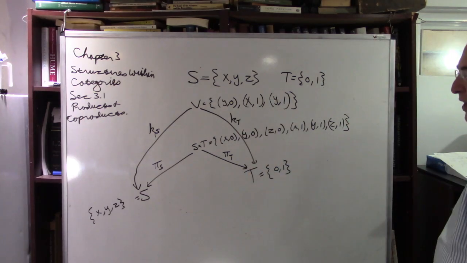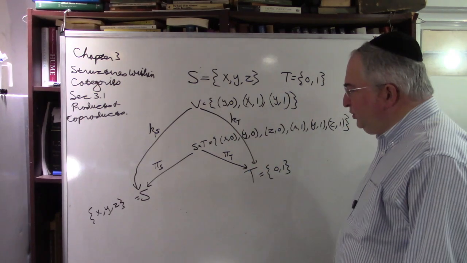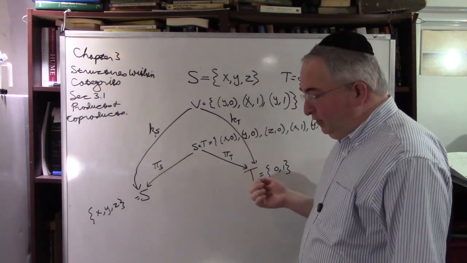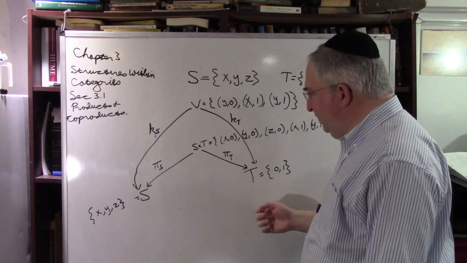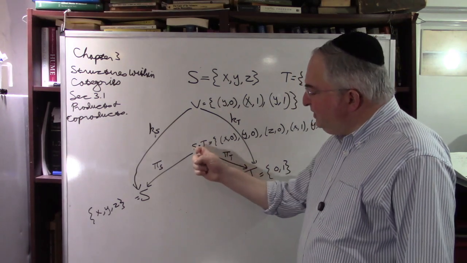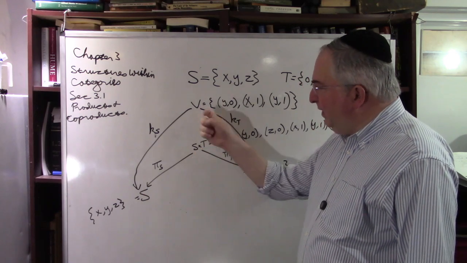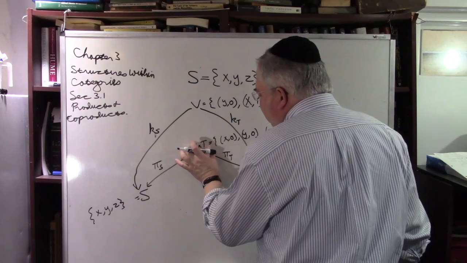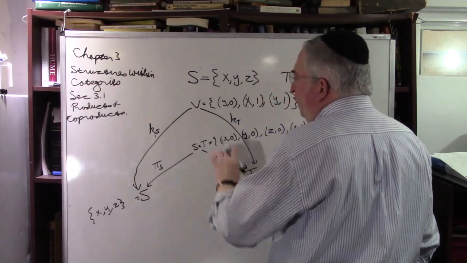Now ask yourself a fundamental question. Both of them have forgetful functions to S and T. Both of them have these functions. Why is this set better than this? Let me put it another way. Why is this set with its functions better than this?